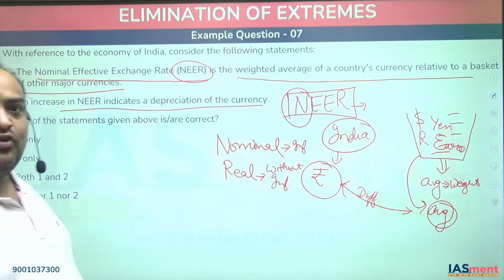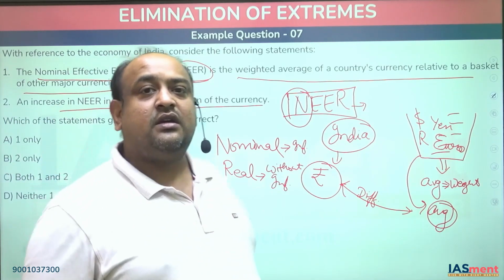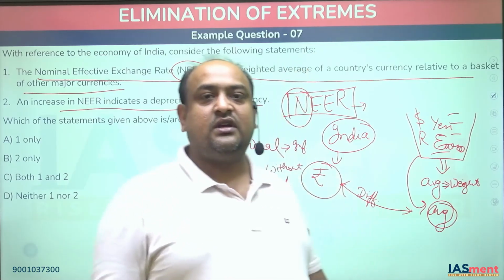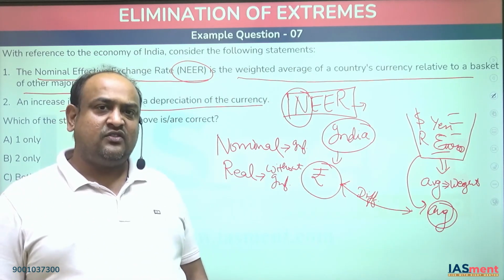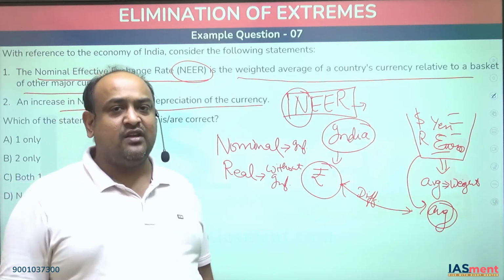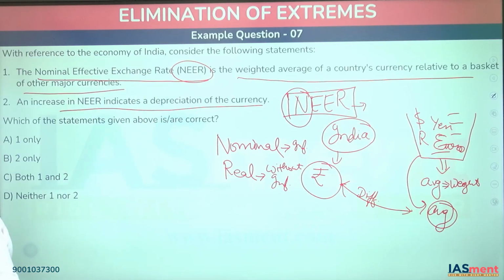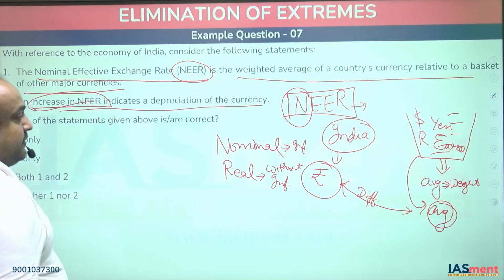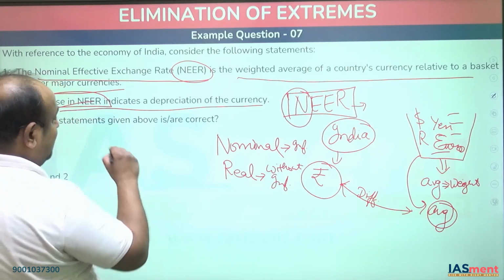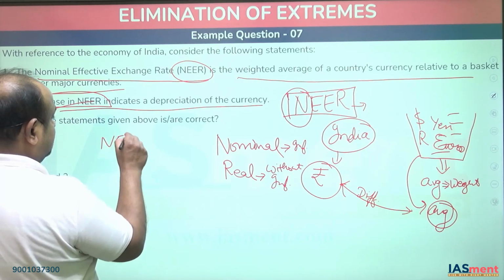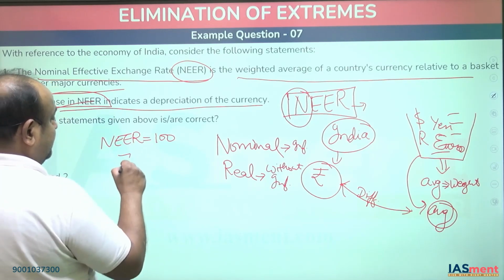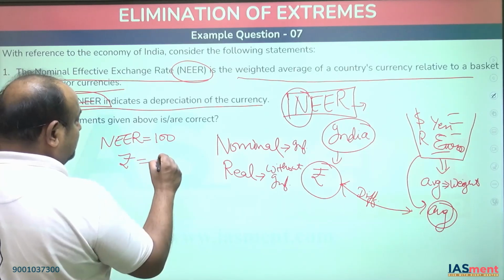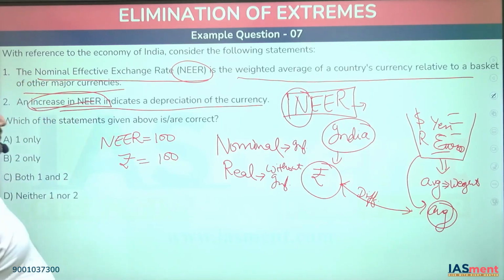Nominal always includes inflation, real excludes inflation. Wherever you see these terms in economy, just understand nominal means including inflation, real means excluding inflation. Now, increase in NEER. Suppose in our example NEER is 100 and rupee is also 100.